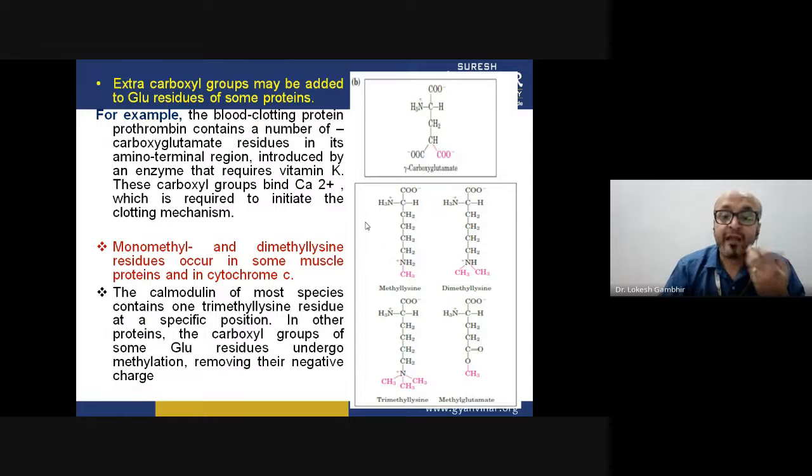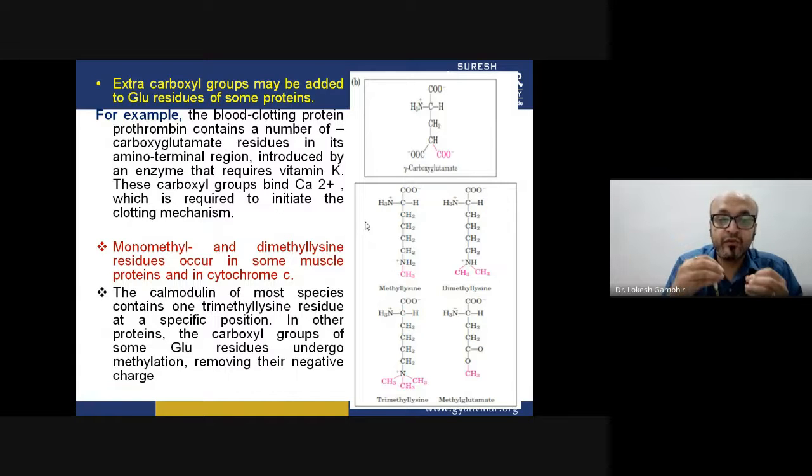Likewise, methylation, the addition of methyl groups, one addition of a single methyl or addition of a double methyl or trimethyl group, happens frequently in many cases, like methyl lysine, dimethyl lysine, trimethyl lysine, or methyl glutamate.